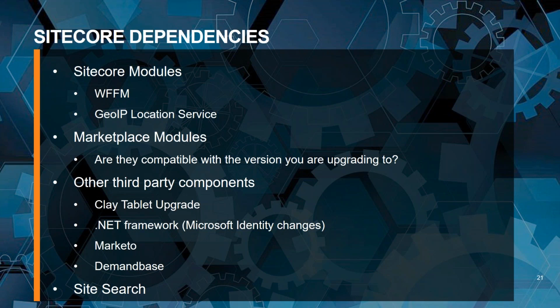Typically, it takes a lot of time. So it's better during the planning phase to prepare a complete inventory list of all the modules that you are using in the website currently. For example, if you are using a geo IP location, or any of the marketplace modules, there are a lot of modules in the marketplace.